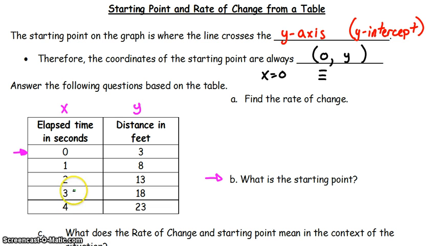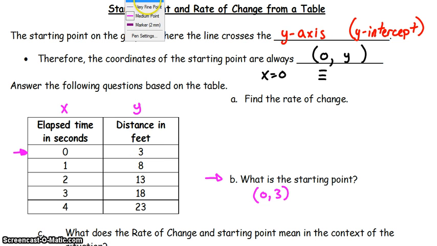Oftentimes we might have 0 down here. That doesn't mean that the first spot is your starting point. The starting point is always where your x is 0. So my starting point here, the ordered pair, would be 0, 3, which means that when no time had elapsed, they were 3 feet from the motion detector.